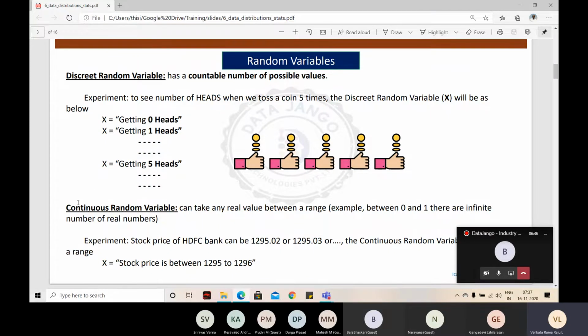So continuous random variable generally is predicted between a range.